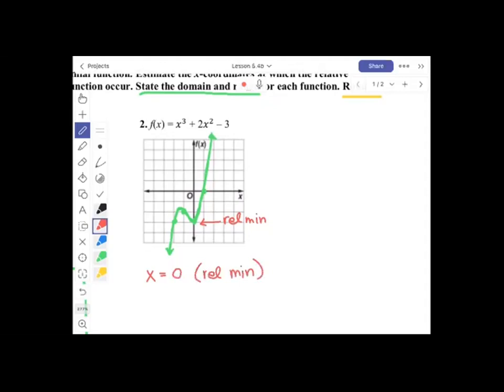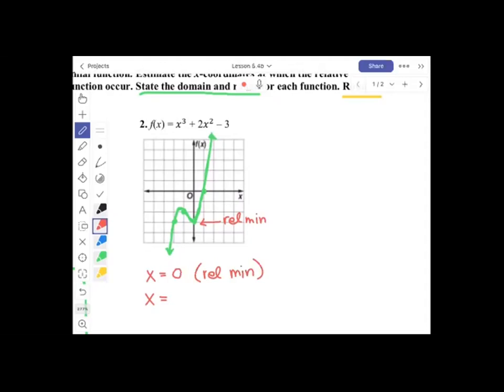Okay, let's go to the next one. Maya, there is a relative max. And what is the x coordinate for that relative max? 2 decimals, please. Okay. I'm not really sure. Would it be like the other dot on the x-axis?